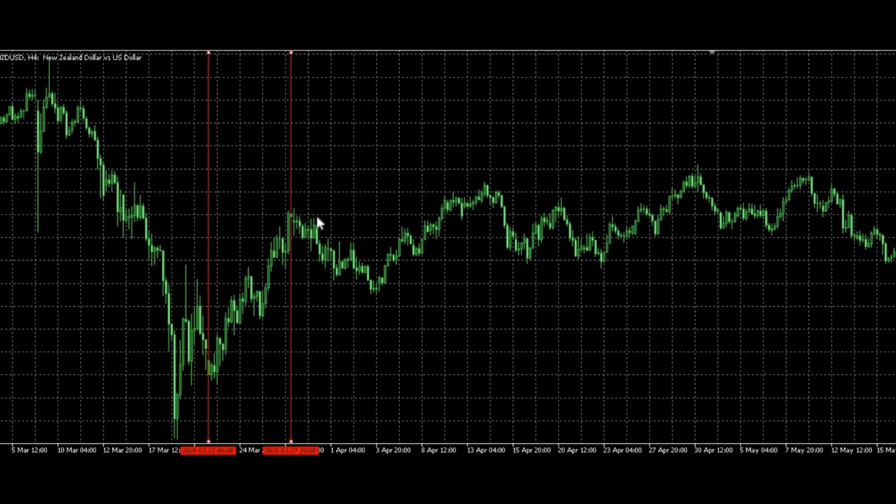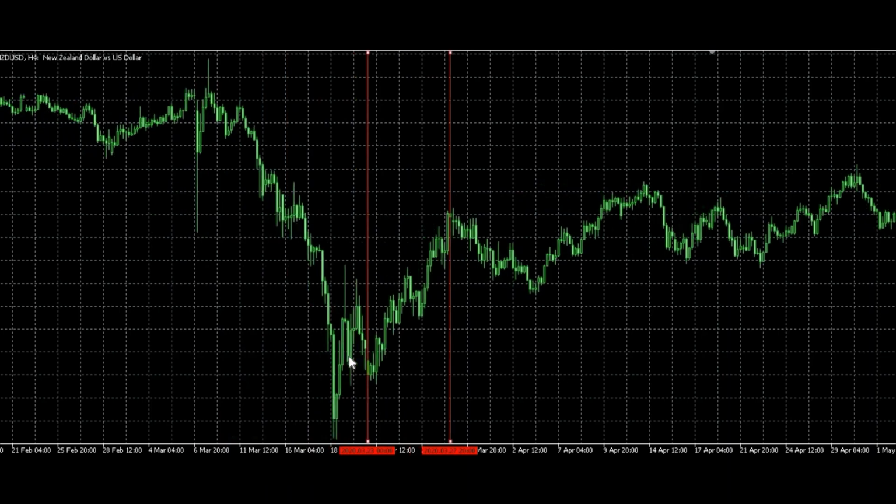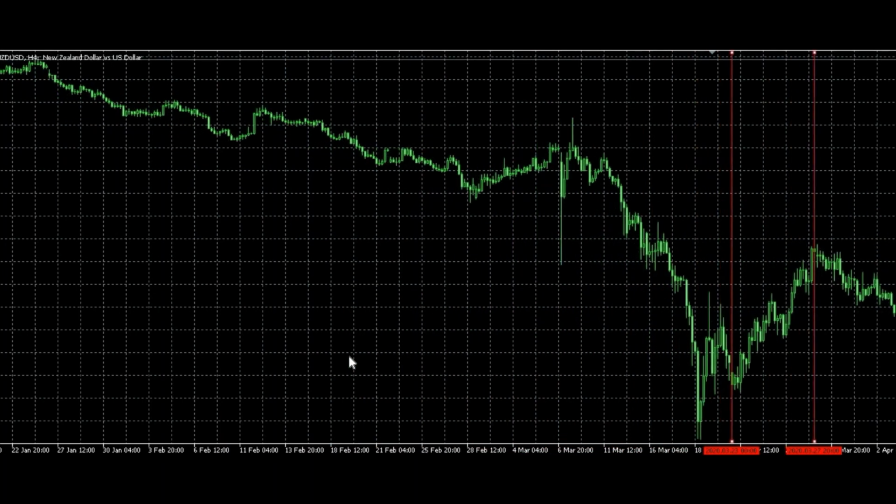Now we may see that it is a flat, but what about this case? What do you think? Do you have an idea what it is? Is it a zigzag or a flat? It's very important to define it, because if we enter the third wave and the correction is a flat, we will be out after the price comes down again.